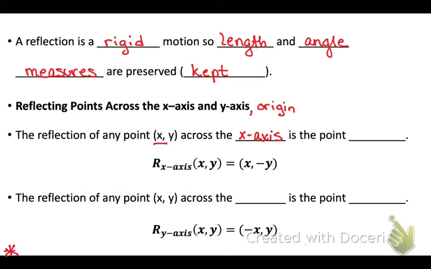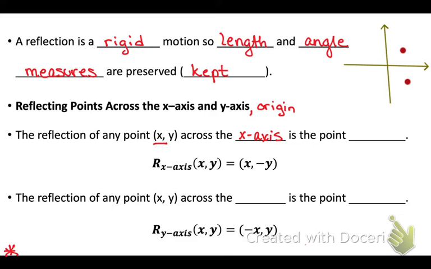So I want us to think. I know it's late in the day. We don't want to think, but we got to think. Okay, so here is a y-axis, and here is an x-axis. I take this point right here, whatever it is, and I reflect it right here. What changes about the coordinate?